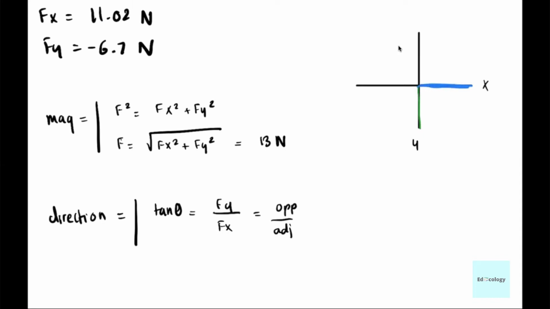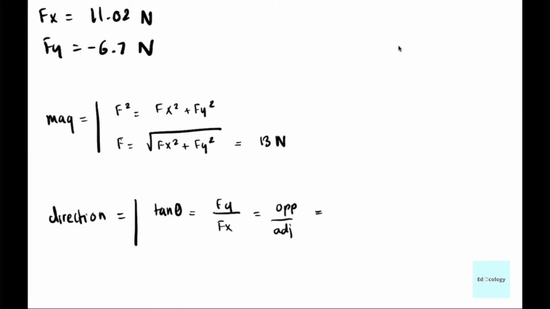Let's say we want to find this angle, this is theta. So Fy is the opposite and Fx is the adjacent. This is why it is Fy over Fx.